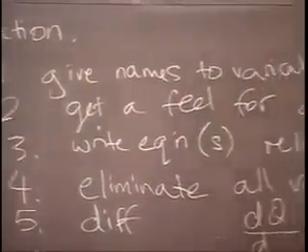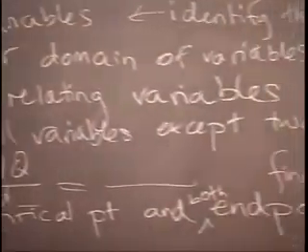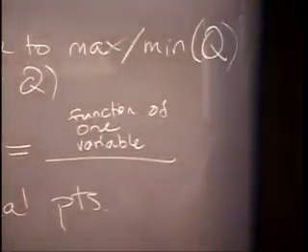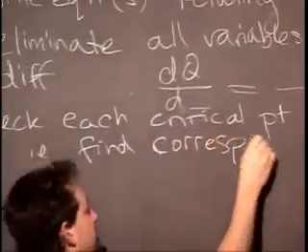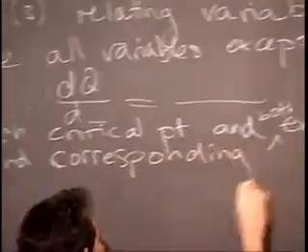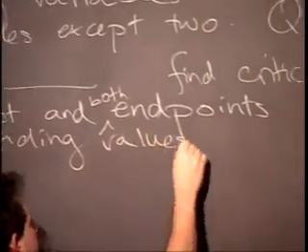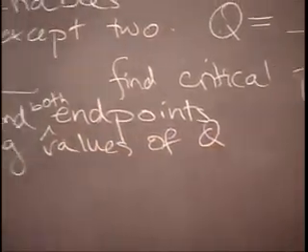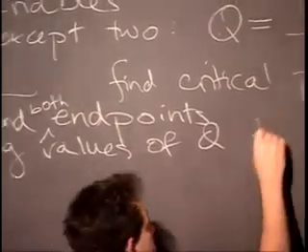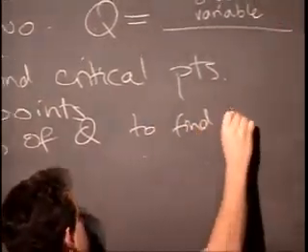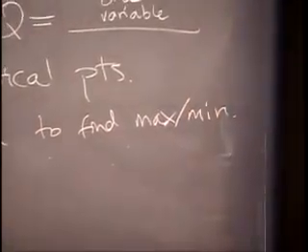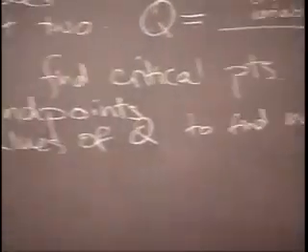So check each critical point and both endpoints, i.e. find the values of Q. Find corresponding values of Q to find which one is biggest and which one is smallest. That's the same technique we used to find global maxima and minima earlier.